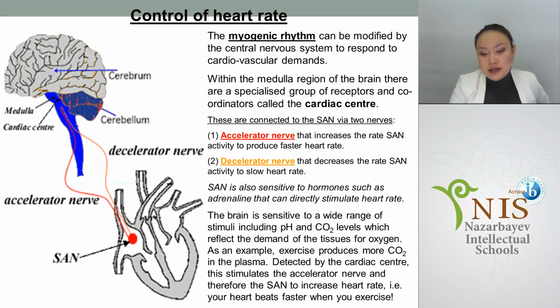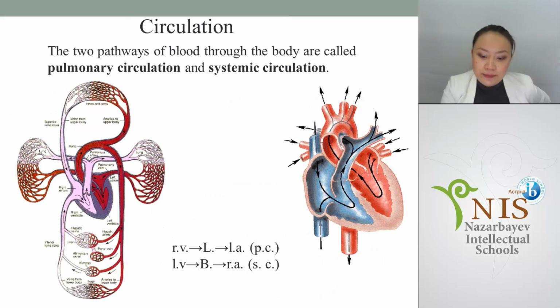Also, the sinoatrial node is sensitive to hormones, for example adrenaline. When you feel yourself in danger, you will release more adrenaline, which will increase your heart beat, and that's why you will react faster.